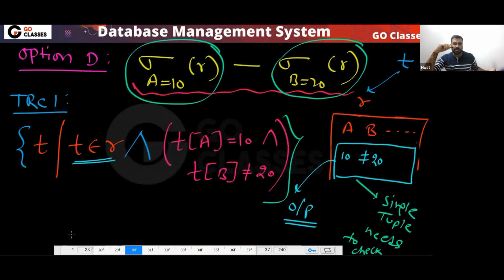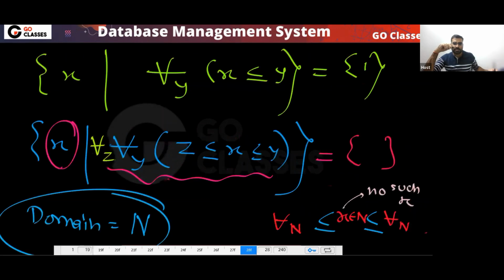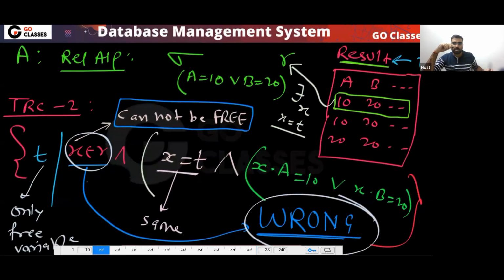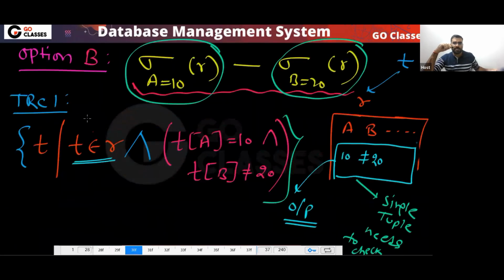Similarly, for option B, what will you write? Option B was, I think, intersection. What was your option B? Union. Okay, option B was union. So tell me, for union, how will you write this? You are doing the union of these two.